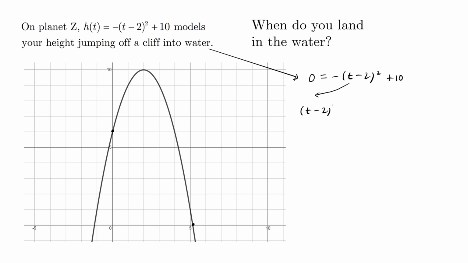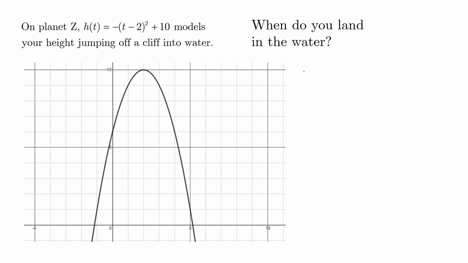The negative term now becomes a positive term. And we're going to square root both sides. When you square root both sides, remember to take the plus minus square root answers. Finally, we're going to add 2 to both sides. And so we get plus minus root 10 plus 2.